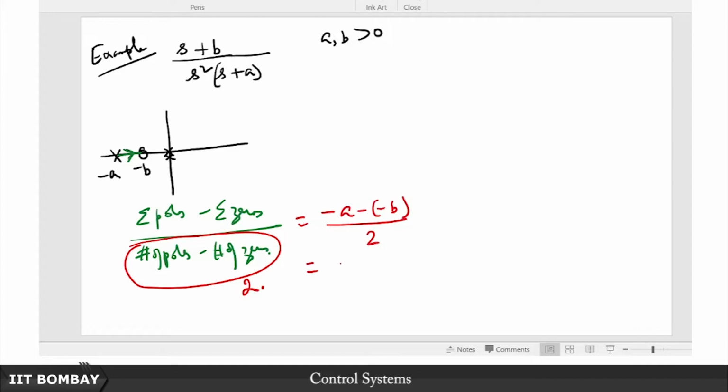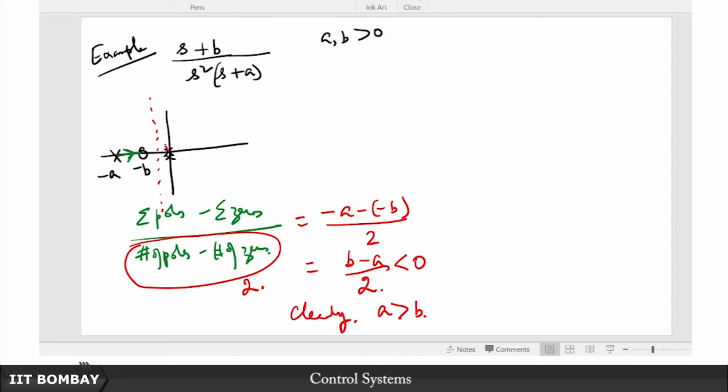So this is basically going to be b minus a by 2, but from this figure clearly, because a and b are positive numbers, a is greater than b. So therefore this is negative, right. So along the vertical line that is perpendicular to the real axis, but on the negative part of the real axis, to the left of the complex plane.